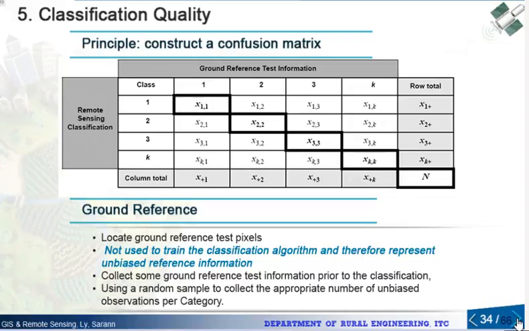It is possible to collect some ground reference test information prior to the classification, perhaps at the same time as the training data. But the majority of test classification has been performed using a random sample to collect the appropriate number of unbiased observations per category.